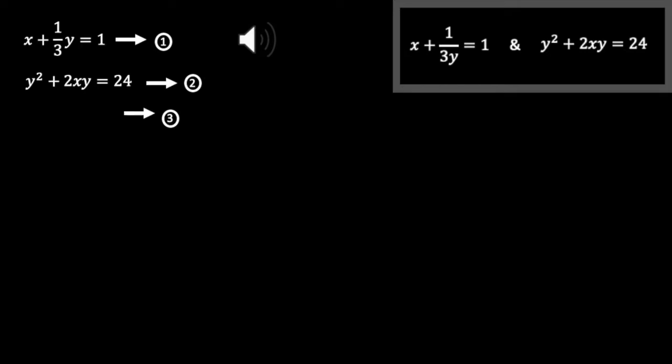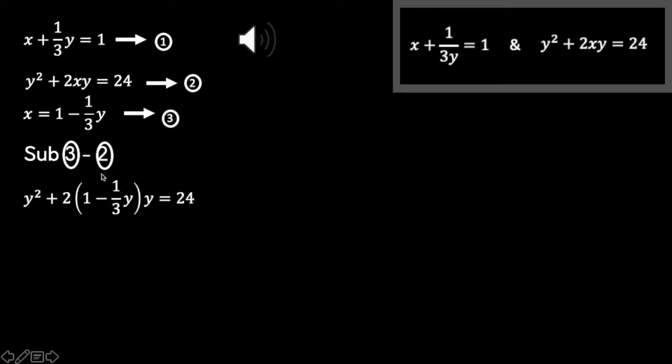So we choose x as the subject of the formula, then x equals 1 minus 1 over 3y. That will be the third equation. Then we substitute 3 into equation 2. It will be y squared plus 2 in the bracket 1 minus 1 over 3y, y equals 24.